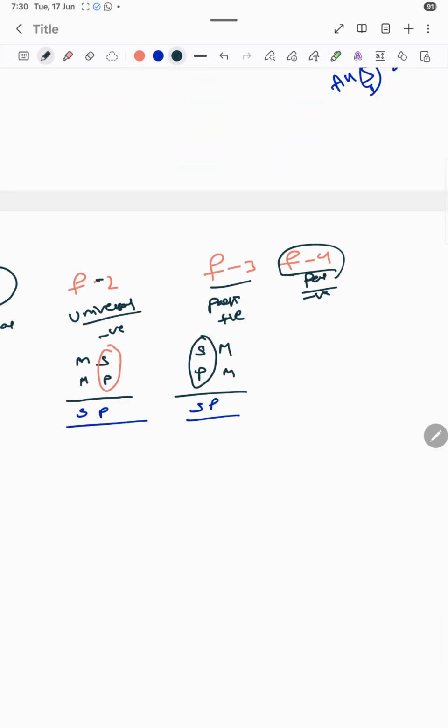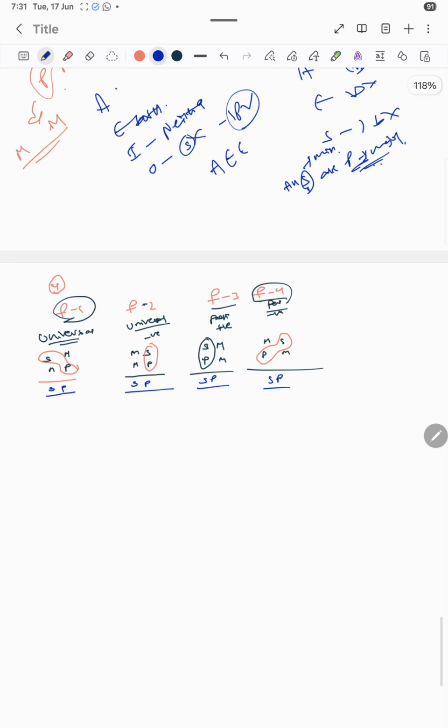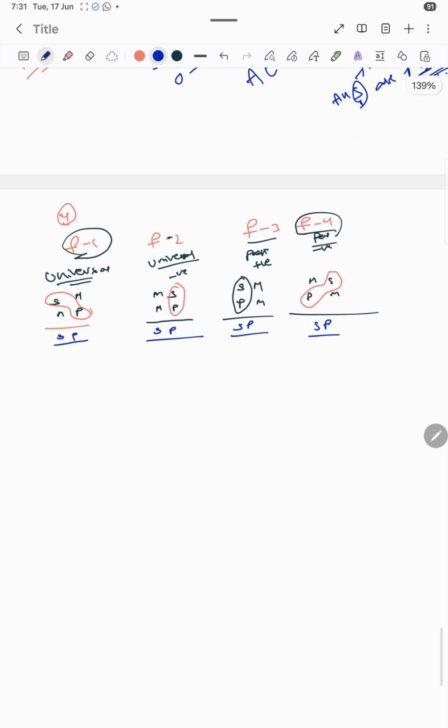And in the fourth figure we get subject, predicate, subject, and the conclusion would be subject and predicate. So you should not forget that the conclusion should always follow the subject and predicate.